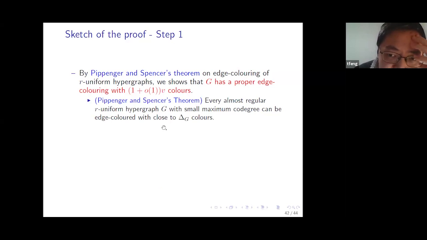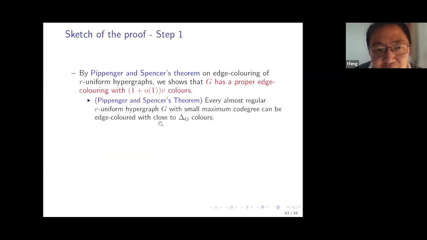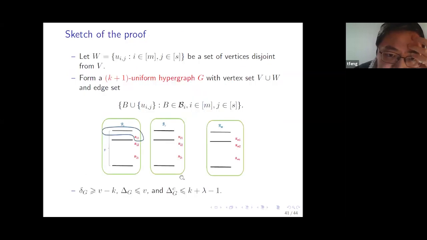For our hypergraph, it is almost regular because the smallest degree delta G is V minus K, and the biggest degree is no more than V. When V is sufficiently large and K is a fixed number, it is almost regular. And the codegree is no more than K plus lambda minus 1.